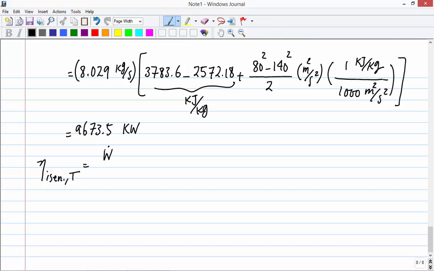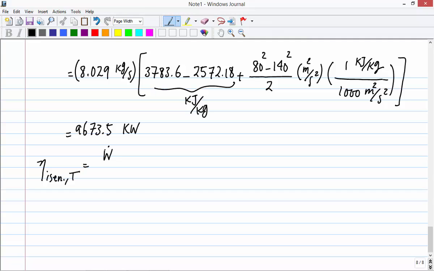So in an ideal world, an ideal turbine possessing the same pressure ratio at the inlet and outlet, a better turbine gives us less work or more work? More work, definitely. And the actual work in the real world would be less. And I'm defining a ratio that is going to be less than 1. So the smaller one should be in the numerator, and the larger one should be in the denominator.